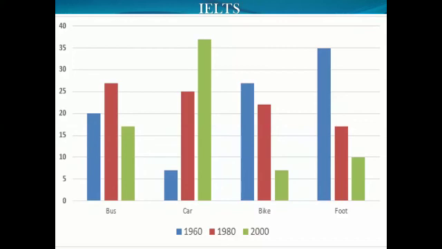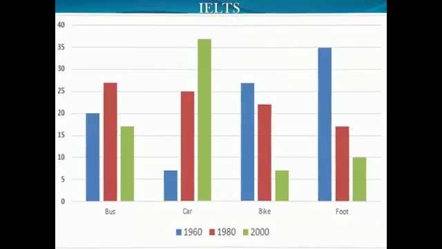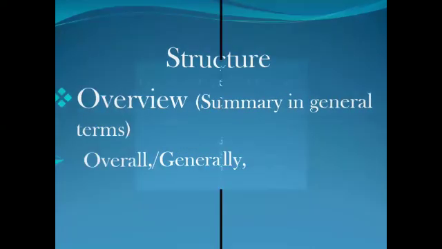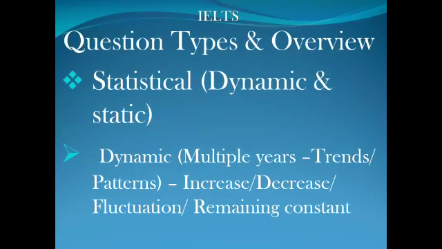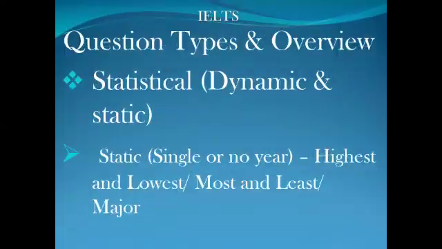Then it's also very relevant for you to do comparisons. For example, look at what is mostly used in 1960, what is mostly used in 1980 and 2000. You're looking at differences and similarities here and there. This should help you to do the comparisons that you're supposed to do. That is the structure that you need.